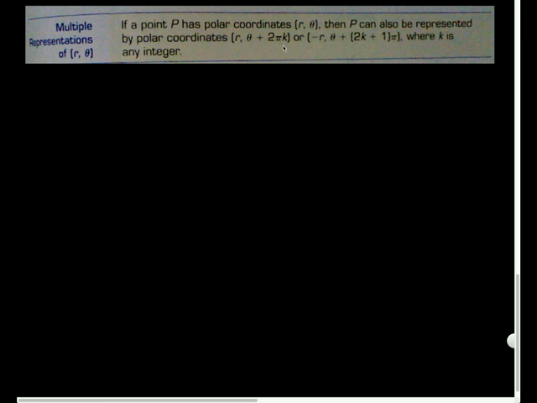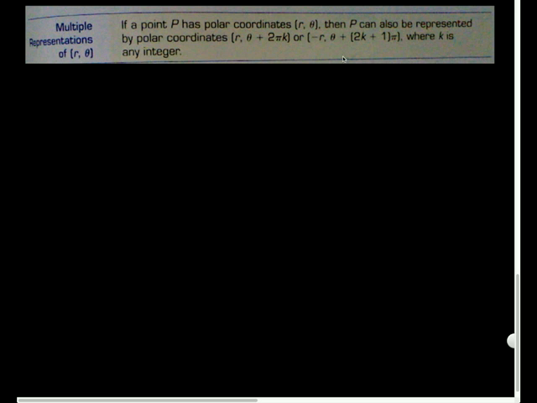So it could be 1 revolution, 7 revolutions, negative 2 revolutions around the circle. Basically, these are coterminal angles to the original theta. So I can have any number of rotations around my circle landing in exactly the same point. That in itself would be infinitely many values.